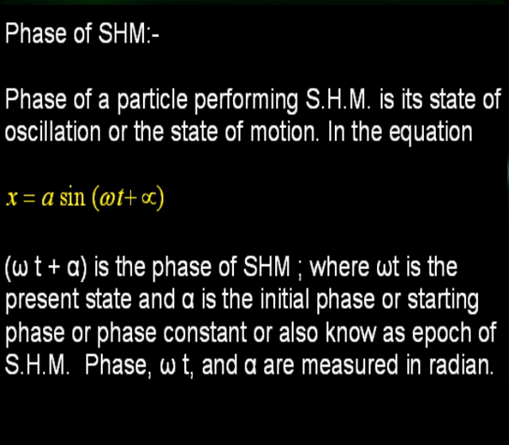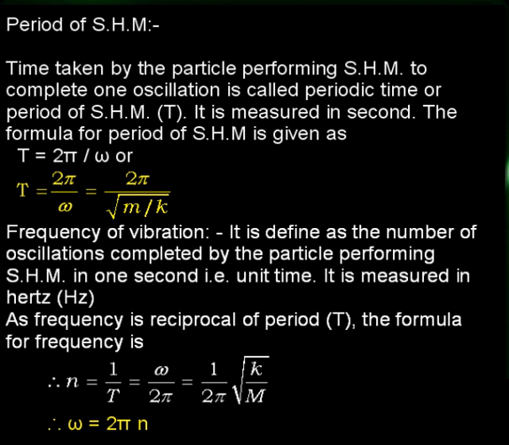In this, omega t is the present state or present phase or phase after time t, and alpha is the initial phase or the starting phase or the phase constant, or it is also known as epoch of SHM. Phase, omega t as well as alpha are measured in radian.